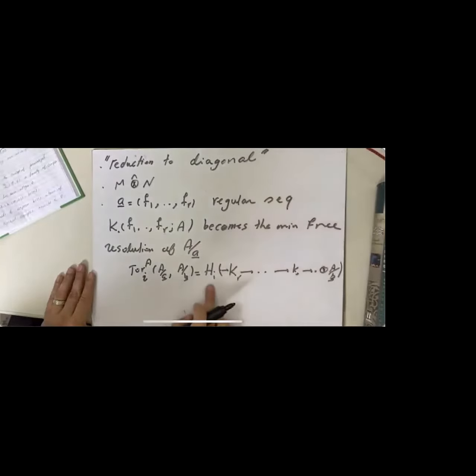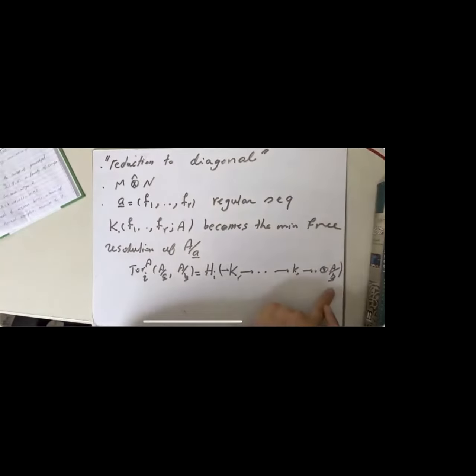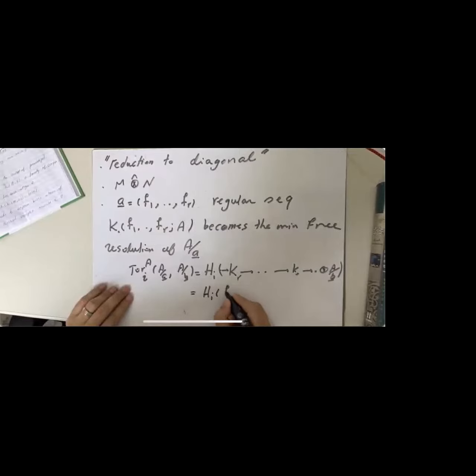So if you take the Koszul complex, tensor it into AB, and calculate the homology, you are computing the Koszul homologies, not just the Tor modules. So this is just the homology of the Koszul complex of F's for AB.